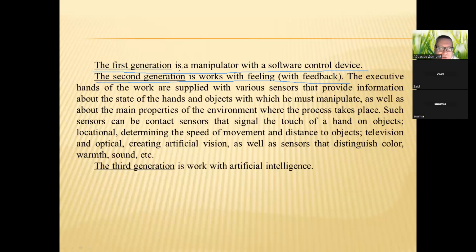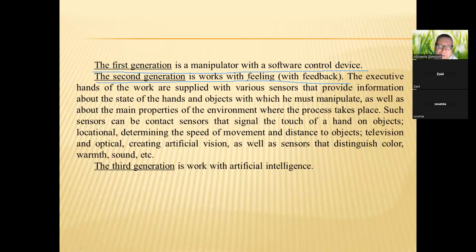The first generation is a manipulator with a software control device. Write down to your notes the first, the second, and the third generation of robots. Manipulator. The second generation is robots with feeling, with feedback.